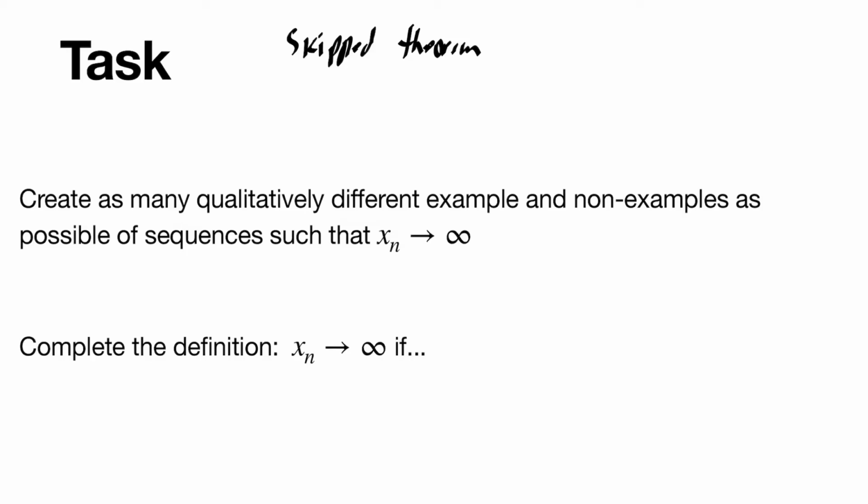One skipped theorem is the theorem of what happens if you take two sequences and divide them by each other. Well, if you take two sequences and divide them by each other, it should approach the sequence A over B as long as that B is not 0.